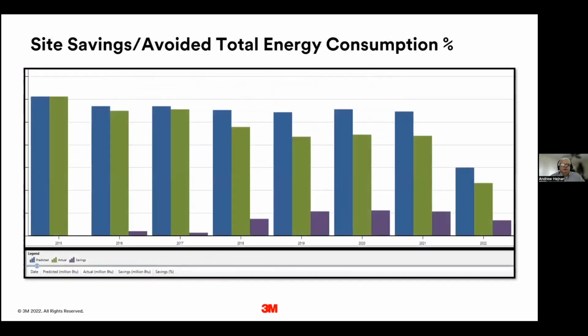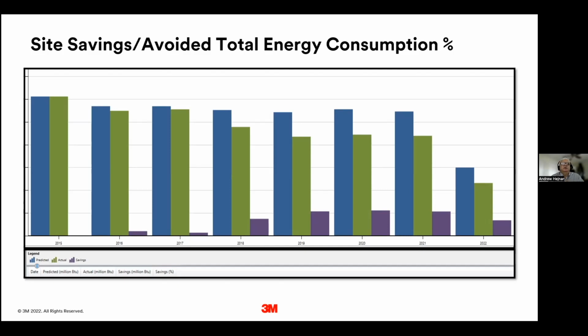Then we report on total energy consumption, either savings or avoided savings. So this is an example of site savings of total energy consumption. 2015 is our base year, so you can see that both the predicted and actual are the same.